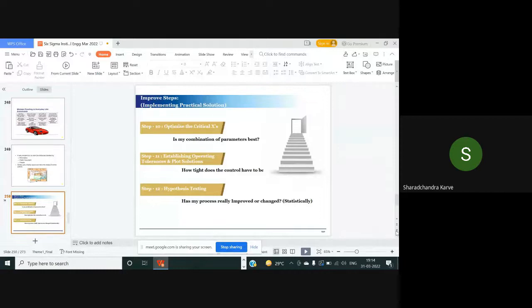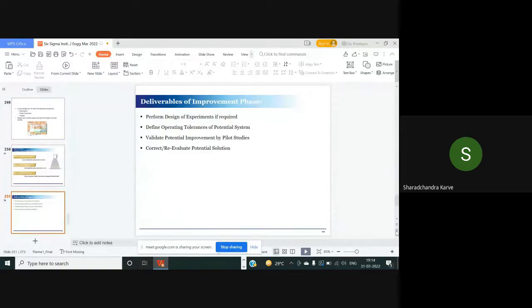These are the 3 steps. So perform design of experiments if required for parameter optimization. Then define operating tolerance for potential Xs, meaning what we have been saying, control X's. So we are defining the operating tolerances for Xs, conducting a pilot study, and then having a potential solution developed. That is what the improve phase is.